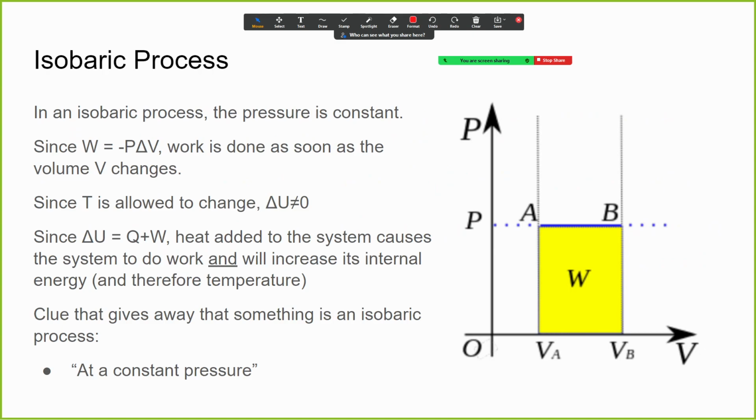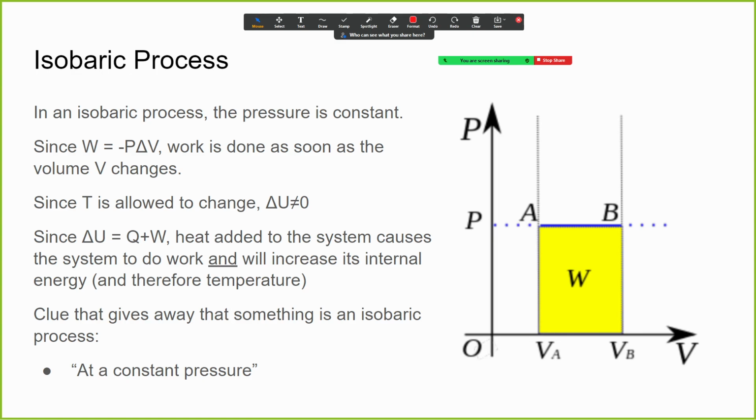So isobaric processes, to move on from isothermal. In isobaric processes, we know that pressure is constant. So if work is equal to negative P delta V, the work is done just as soon as volume changes. Once again, with pressure staying the same, any work that happens is going to be a result of a change in volume.